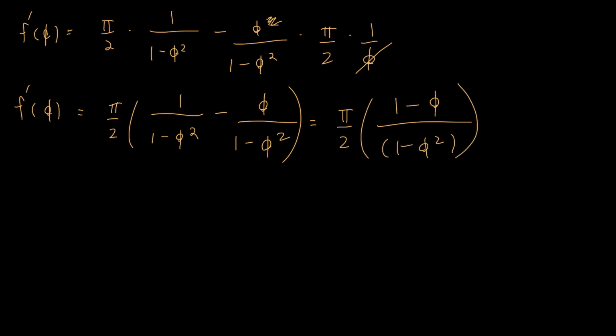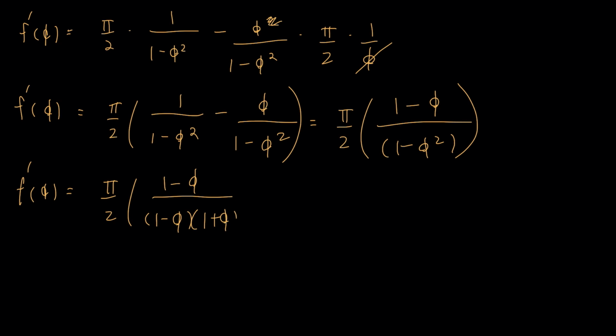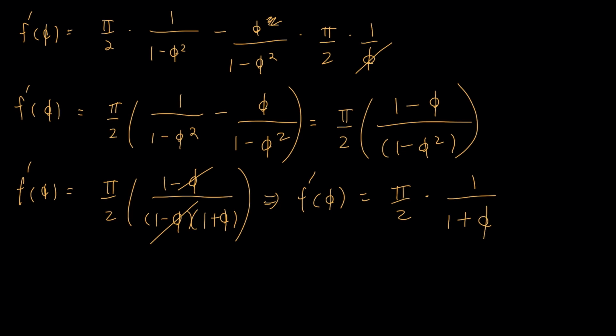But the denominator is exactly just a difference of squares, so we have 1 minus phi over (1 minus phi)(1 plus phi). We see some cancellation here: this 1 minus phi factor ends up canceling. So we're left with f prime of phi is pi over 2 times 1 over 1 plus phi.